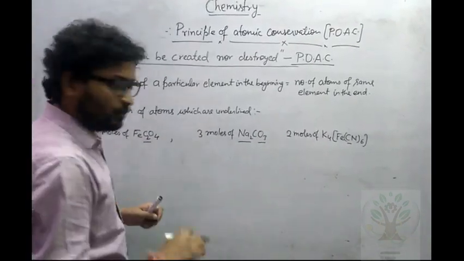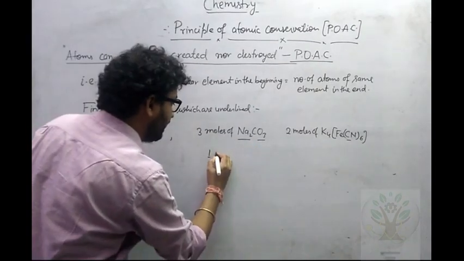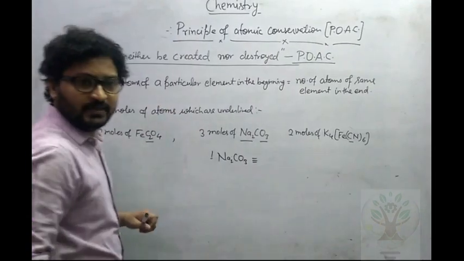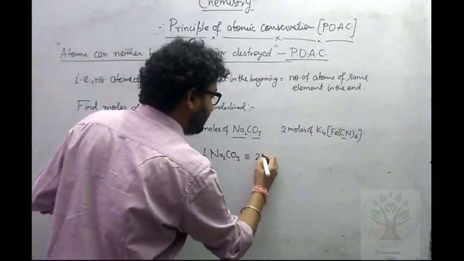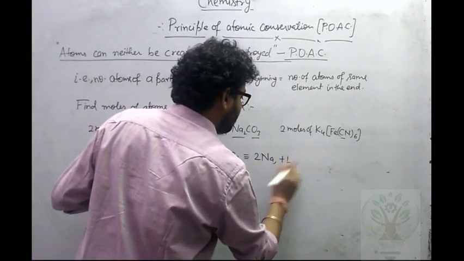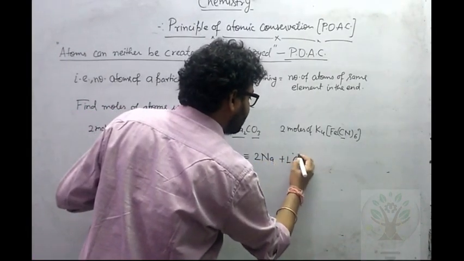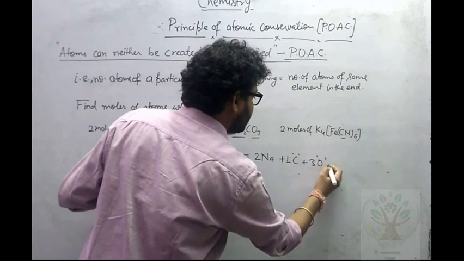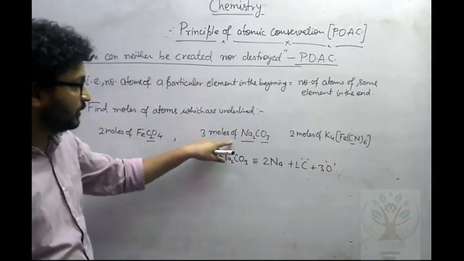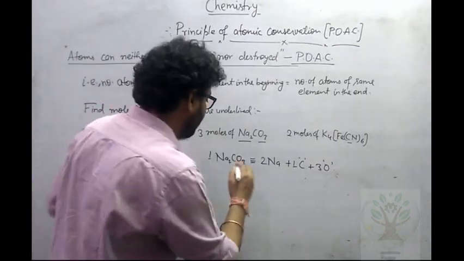Now, how will we solve such a question? I hope you remember. If I look at 1 Na2CO3, how many sodium atoms do you have? You have 2 sodium atoms, 1 carbon atom and 3 oxygen atoms. This is about 1 sodium carbonate. But how many moles of sodium carbonate do you have? You have 3 moles of sodium carbonate.